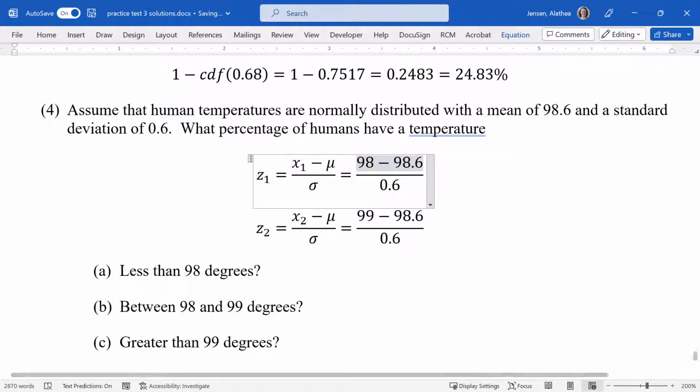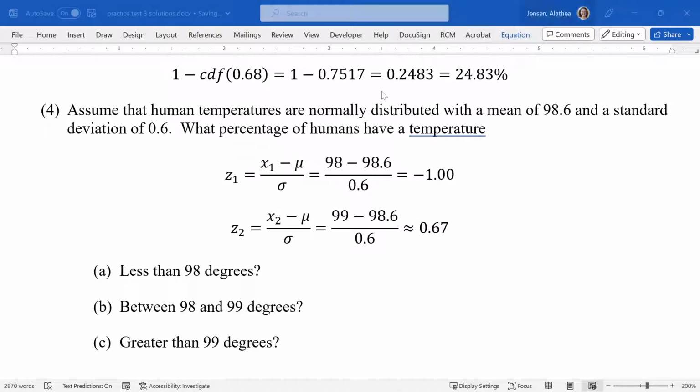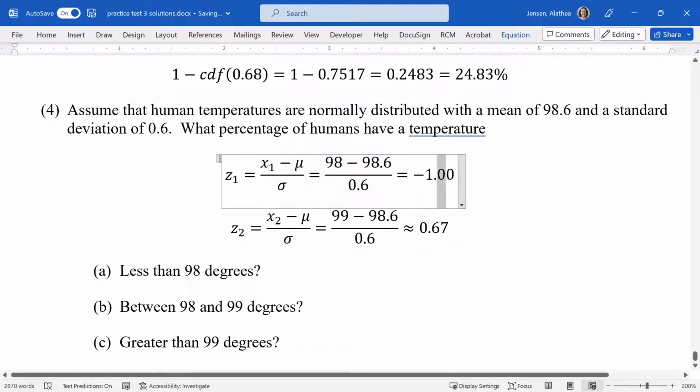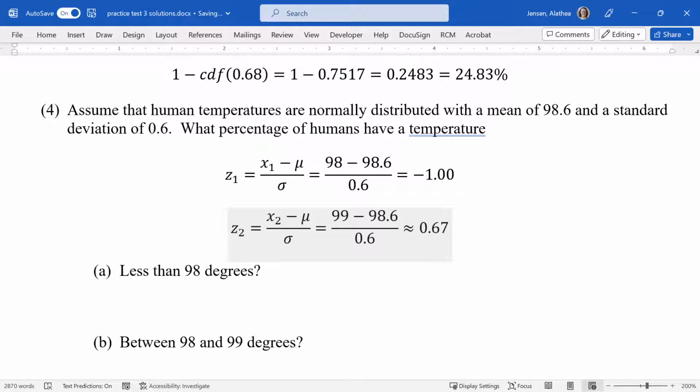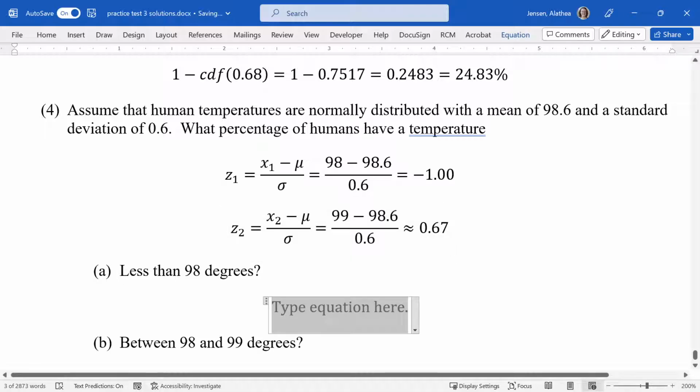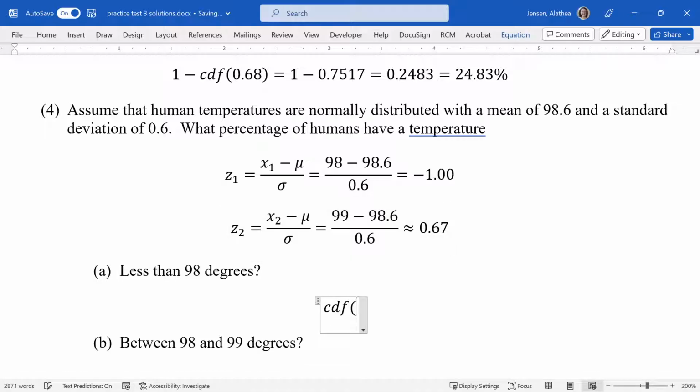Plug that into a calculator and we get negative 1 exactly, so I put two zeros after the decimal, and then 0.67.